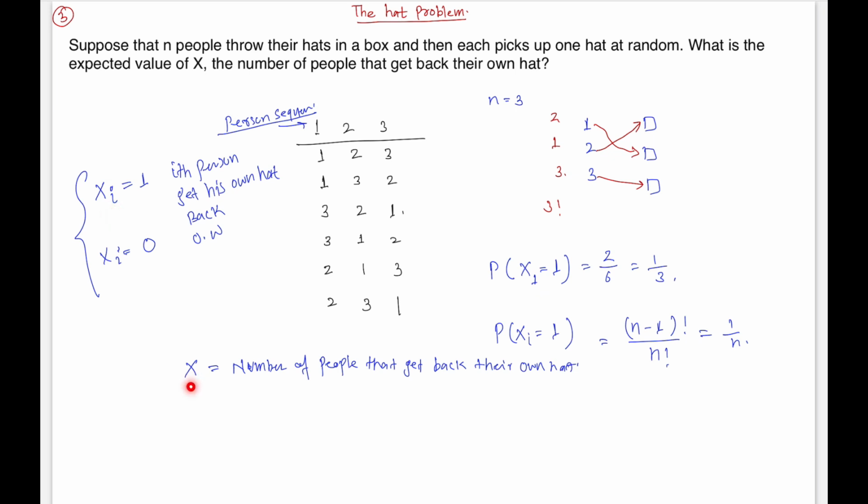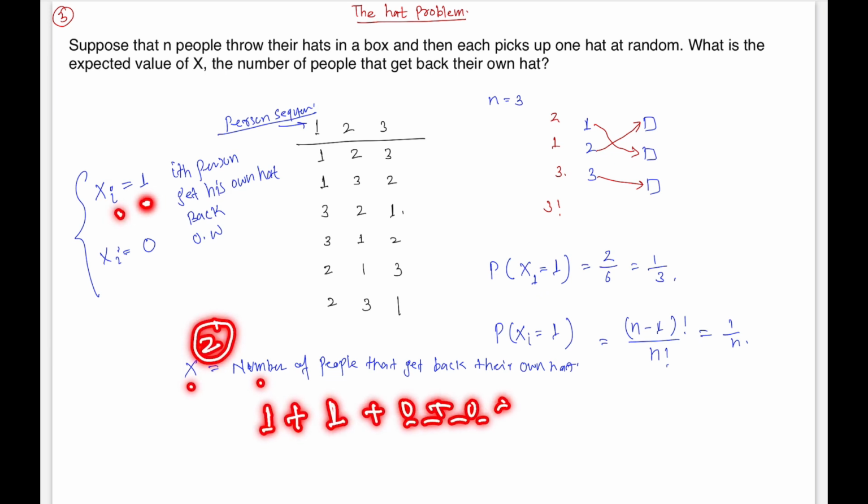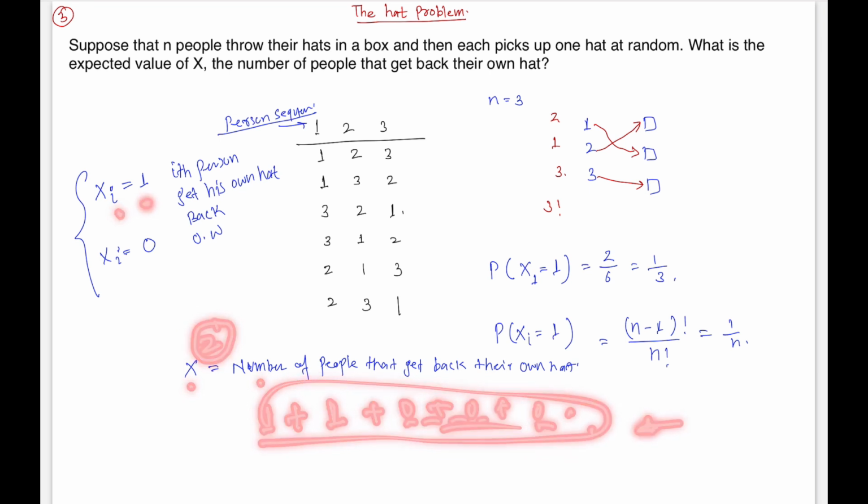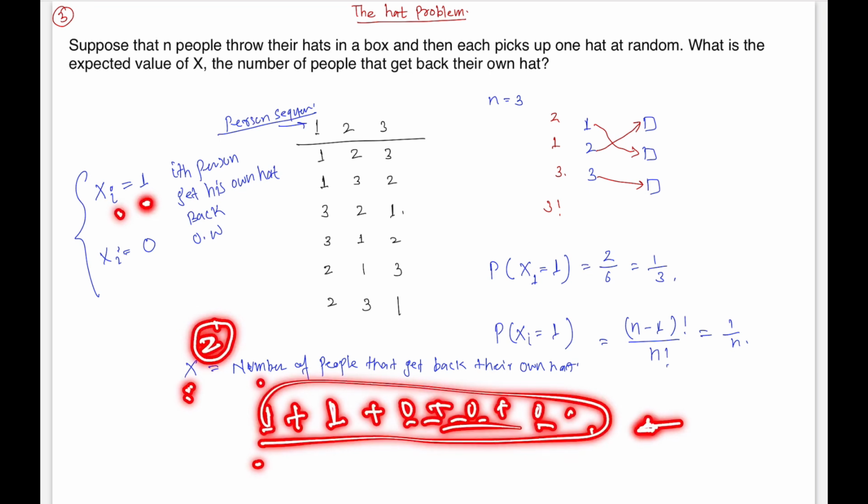So this random variable will take the value 2 when the first person has got their hat back, so 1, or the second person got their hat back, so 1, or maybe others have not got their hat back. So out of this n, in that case this random variable will take the value 2.